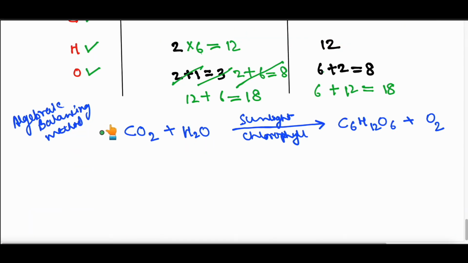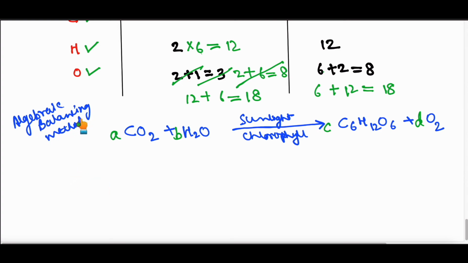For this algebraic method, let us write down the coefficient A for carbon dioxide, B for water, C for glucose, and D for oxygen. Now we will find out the values of A, B, C, D.